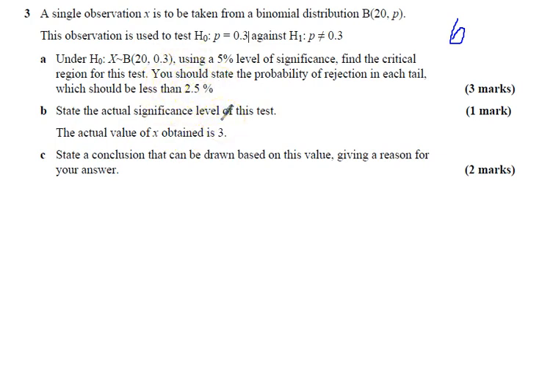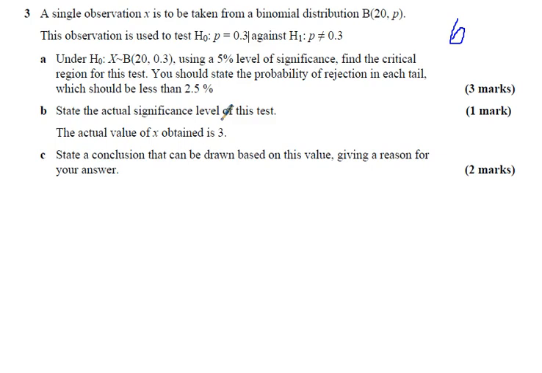So if the chance of getting 17 wins out of 20 by random chance is only going to happen 1.3% of the time, then that's so unlikely that if it does happen, we'll be like, no, it's not.